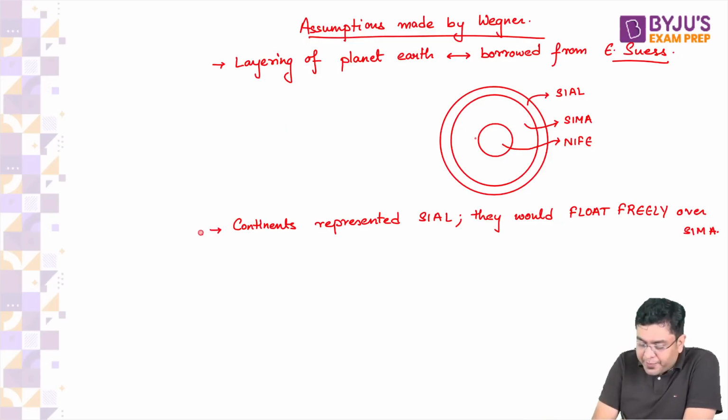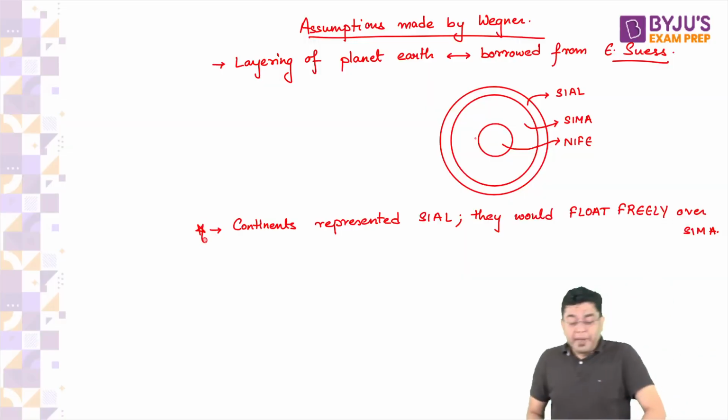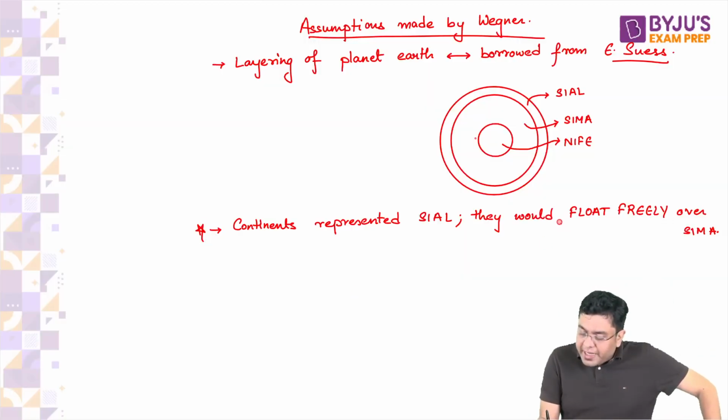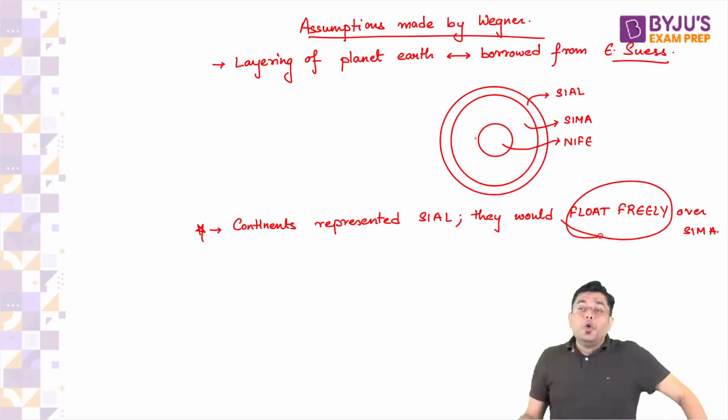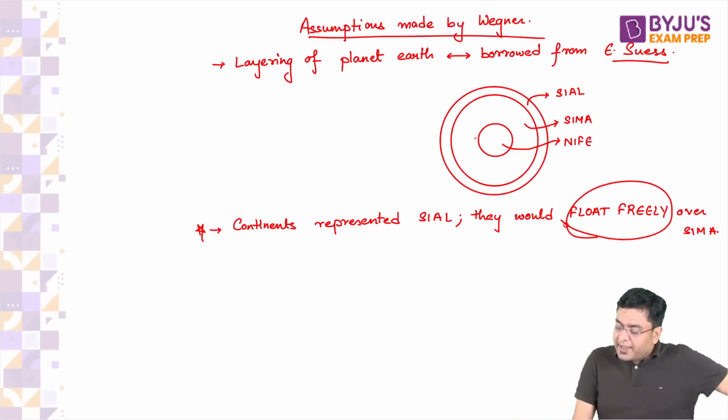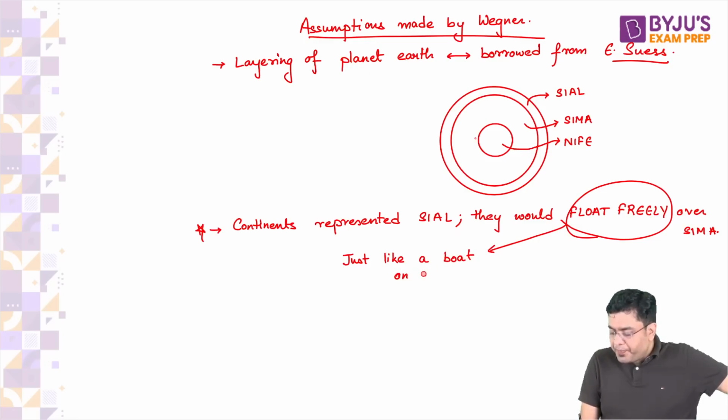This was the assumption that Wagner made. Now, they would float freely over Sima, just like a boat on water.